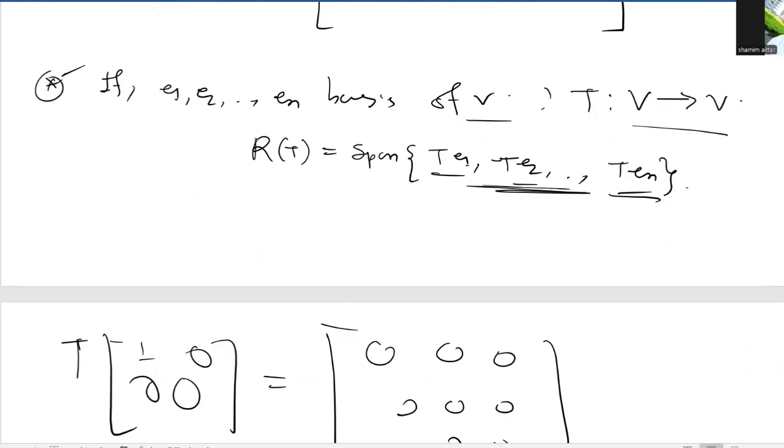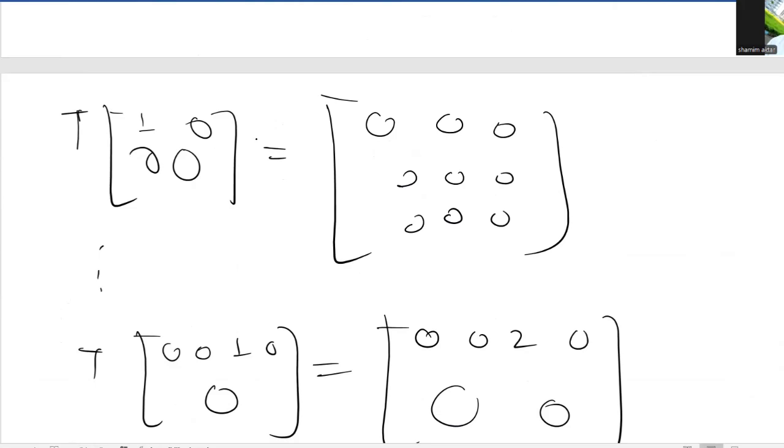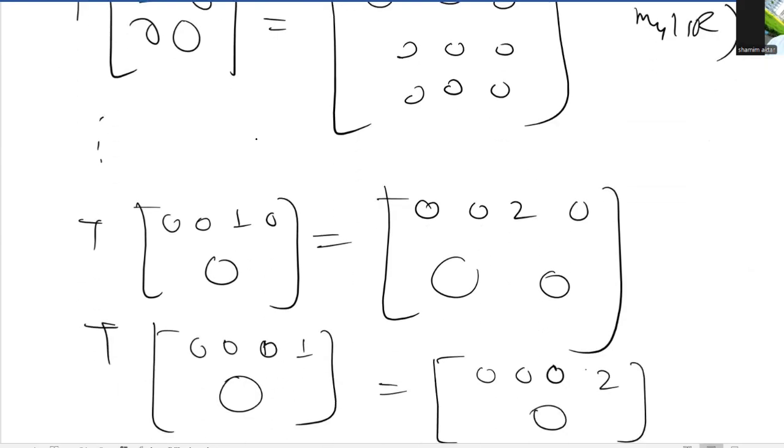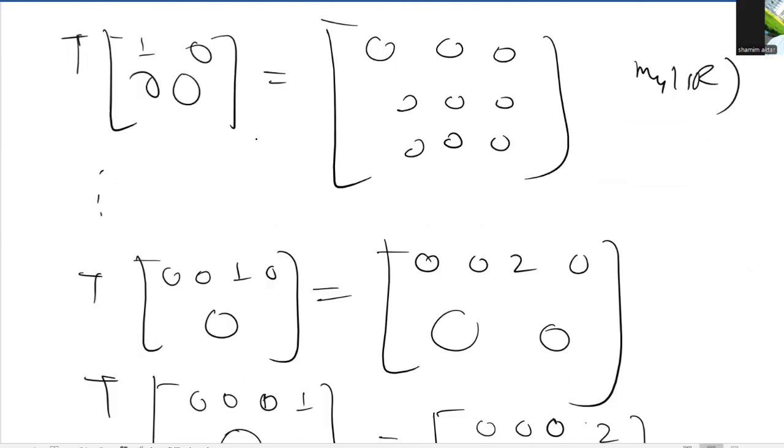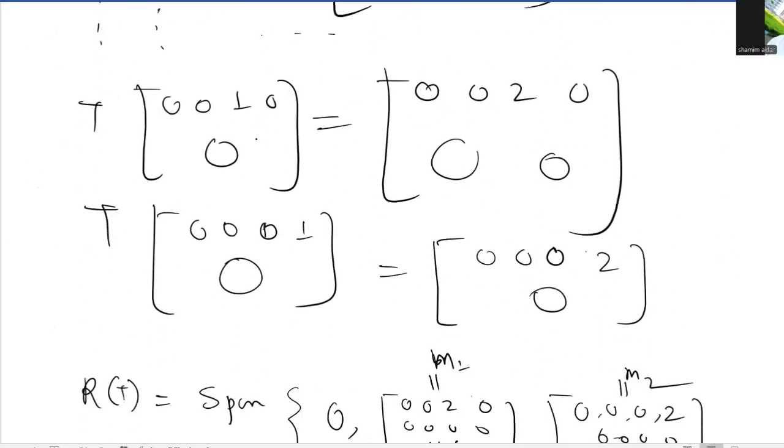Okay, so here we already know the standard basis of M4(R), this is 1 0 0 0 0 0 1 0 0. Okay, this is a basis. Okay, we find the image of the basis elements. So we easily see that when here is non-zero, then here 2.